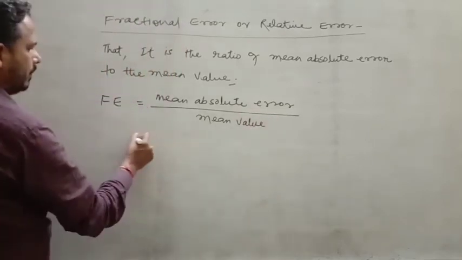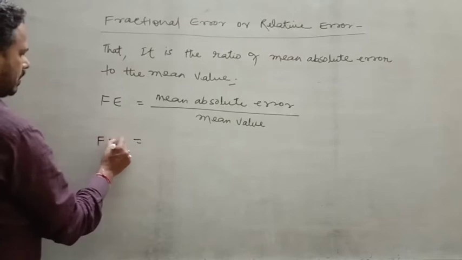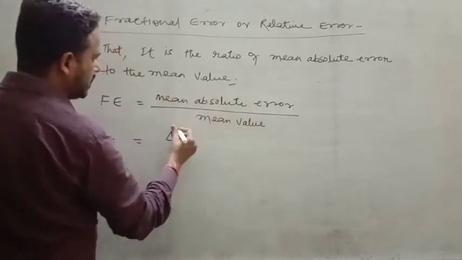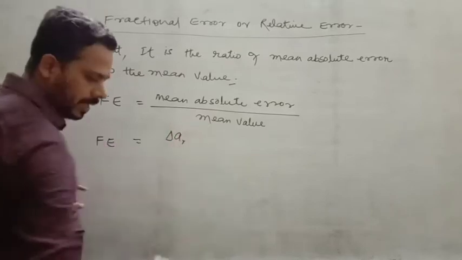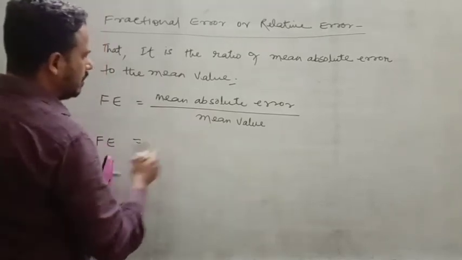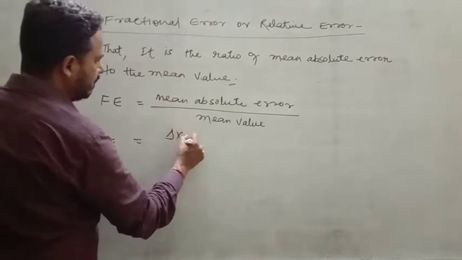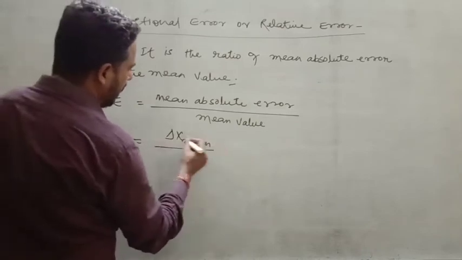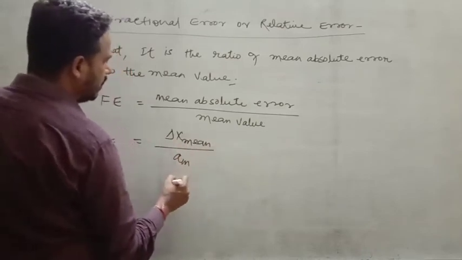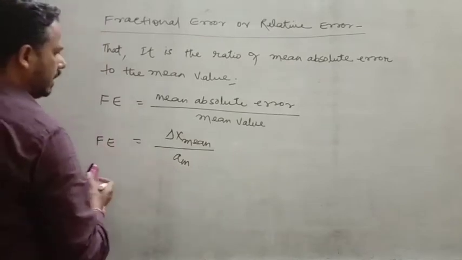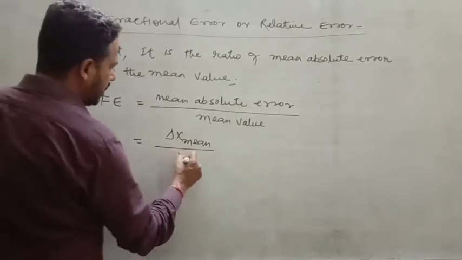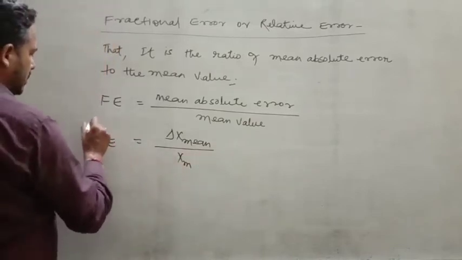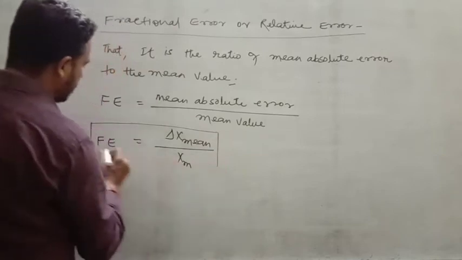And you know that mean absolute error is del x mean, and the mean value is x mean, xm.